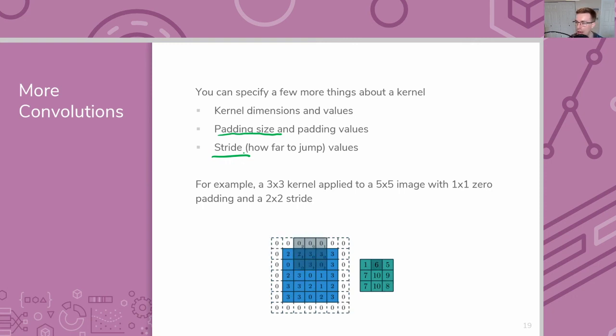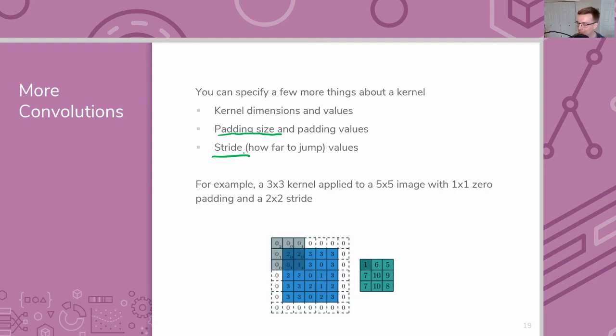What I mean is that each time you jump to the right 2, and whenever you have to jump down, you jump down 2. You could change that stride value to be something else if you were interested in doing so. Maybe you didn't want to jump 2 at a time. Maybe you want to jump 1 at a time, like I showed in my earlier example. That's totally fine. These are all hyperparameters you choose.